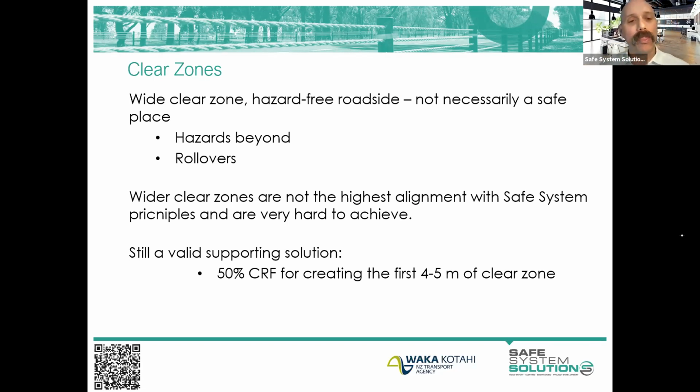People go well beyond that in their passenger vehicles, they roll over, and they don't have the highest alignment with safe system principles. But they still significantly reduce risk in those first few meters of cleared area, 4 to 5 meters of cleared area. So I wouldn't throw clearing hazards out.